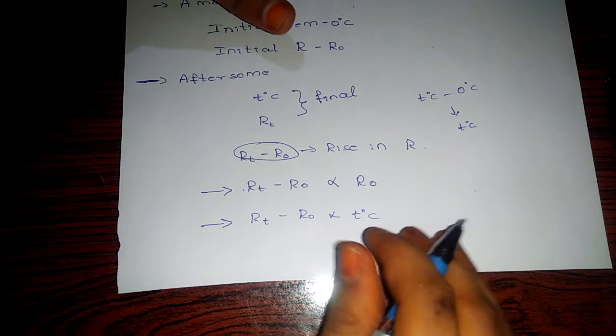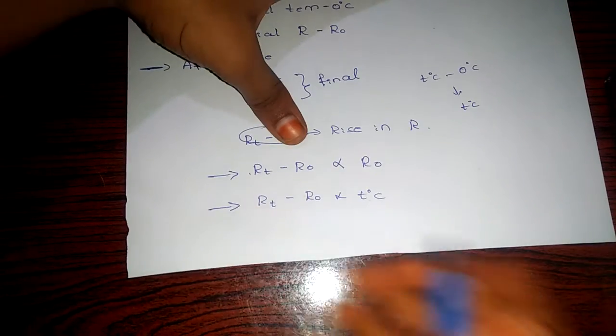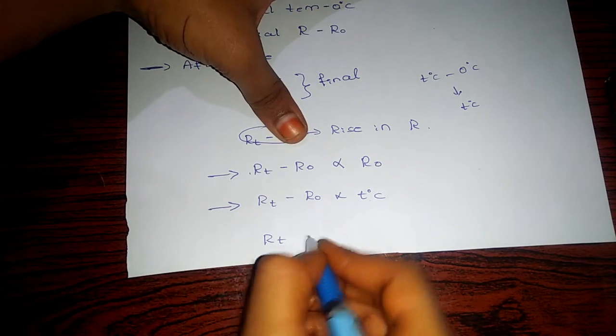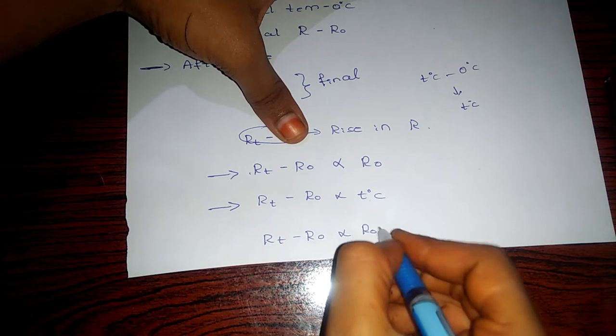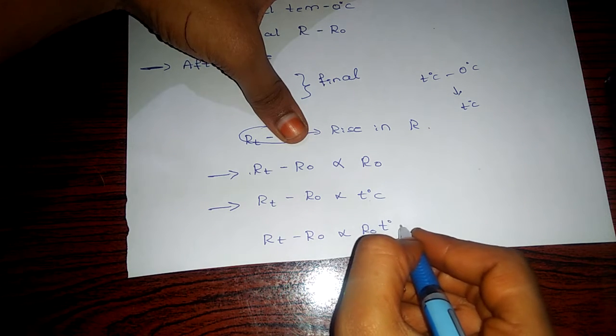So RT minus R naught is directly proportional to R naught T.